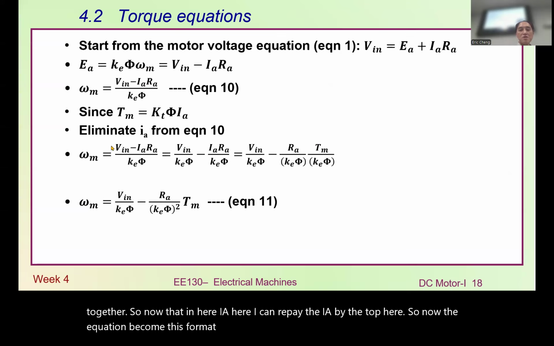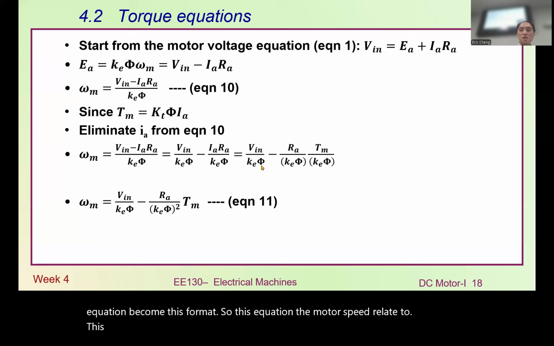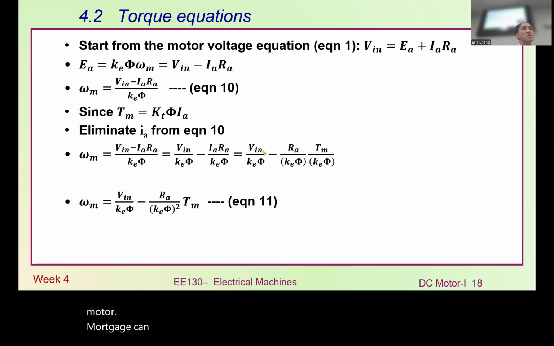In this equation, the motor speed relates to these parameters. This relates to the motor constant, usually a fixed parameter for a given motor. Voltage can be constant or depend on how much voltage you input.